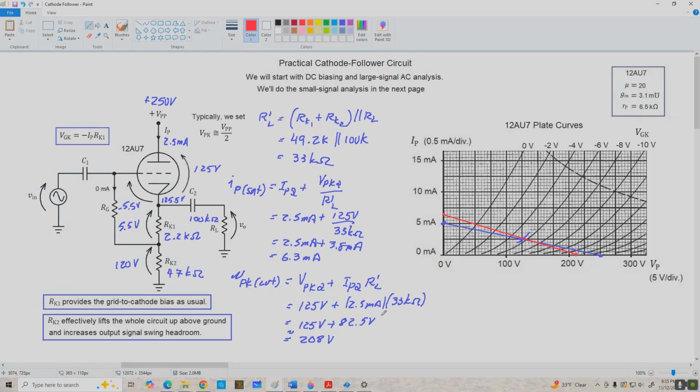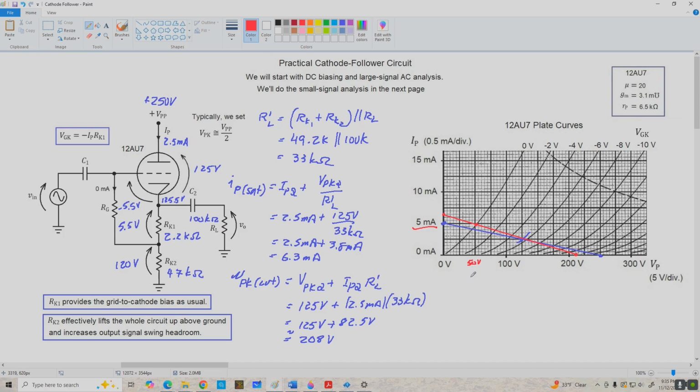Now, just like we did previously, we're going to determine our minimum VPK value, which is the intersection of the AC load line with our VGK equals 0 curve, and that's right here. And it looks like it's pretty darn close to 50 volts and 5 milliamps.